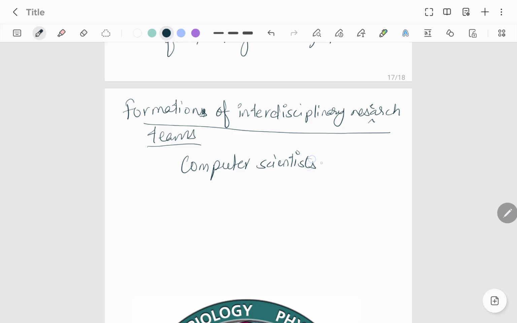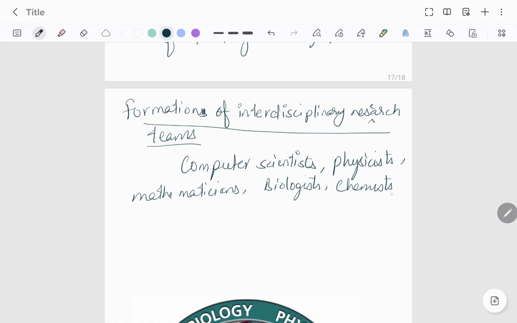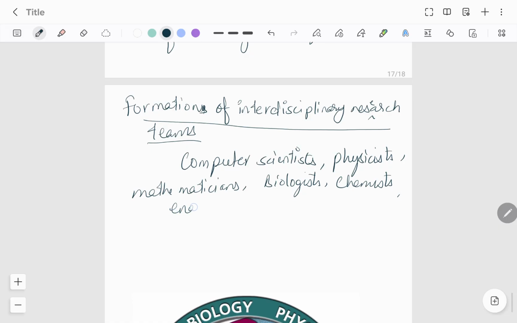There will be physicists, mathematicians, definitely biologists, chemists, and engineers. This entire team will be involved in the study of different things.